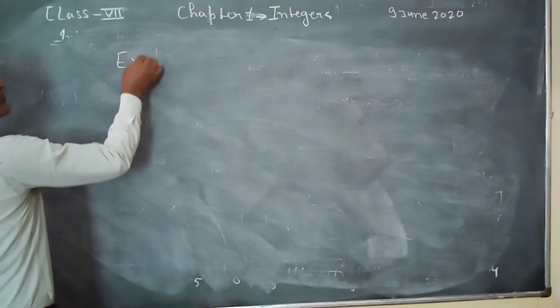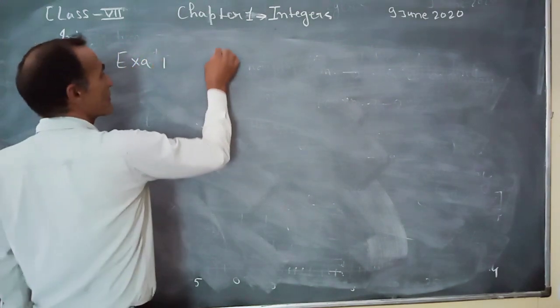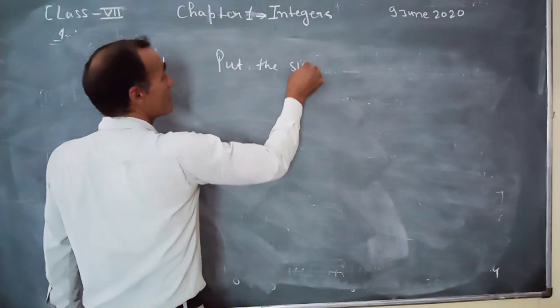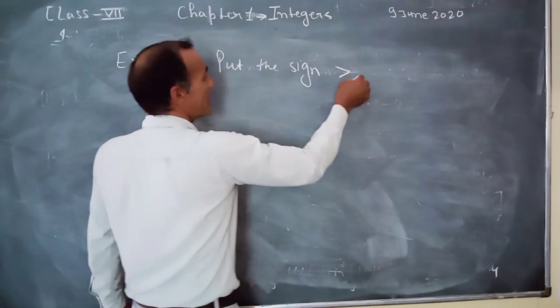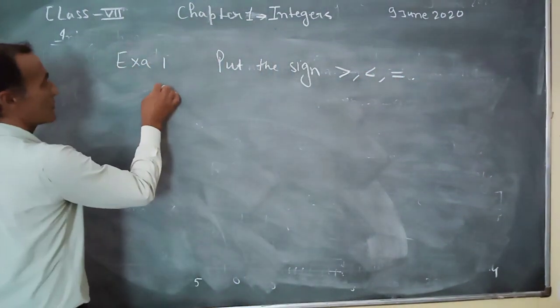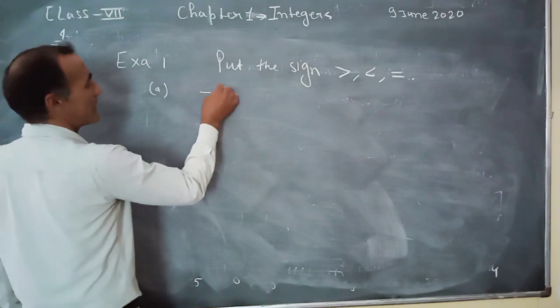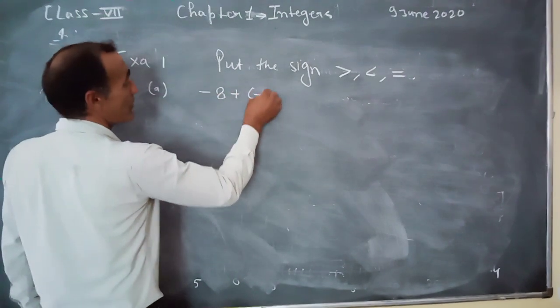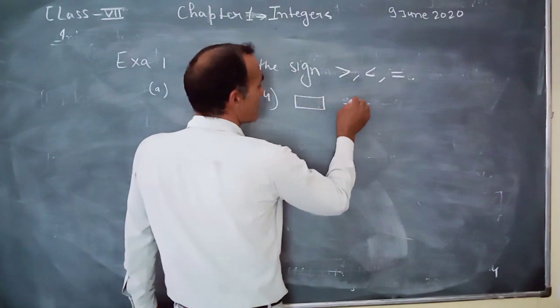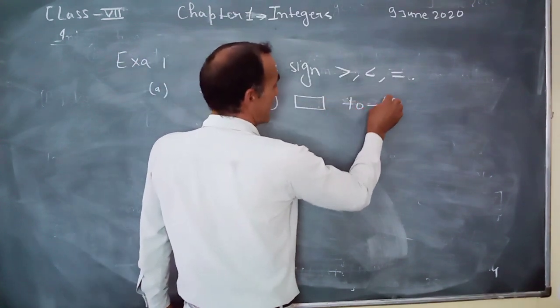Example 1. Put the sign greater, smaller or equal. Question A: -8 plus -4, and 10 minus 4.